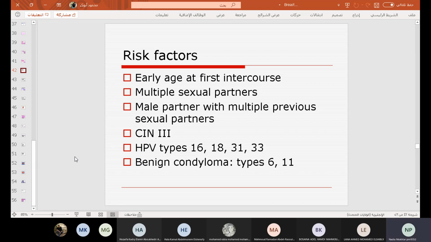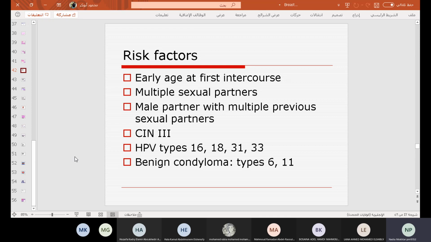So these are the risk factors. Some we get from the clinical history, if she starts her sexual life early, or she has multiple sexual partners, or morphologically by a pap smear, which shows some kind of dysplasia that we can detect by a cervical smear, or we can detect the type of the virus by PCR and see whether it is an oncogenic type of virus or a benign one.